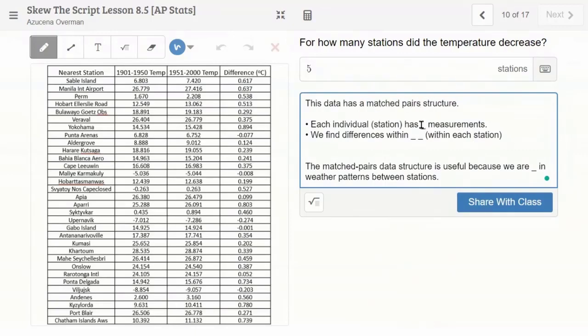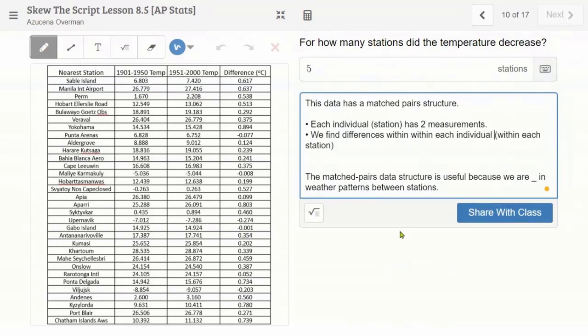And each individual one has 2 measurements. We find differences within each individual, right? So we have a difference for each individual, right?